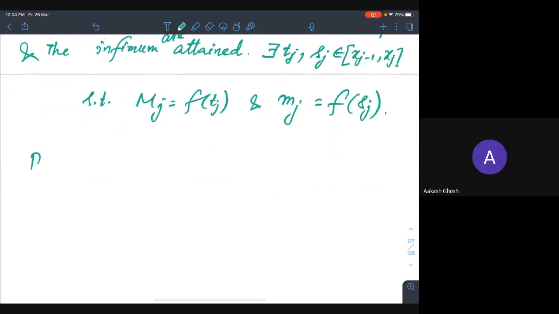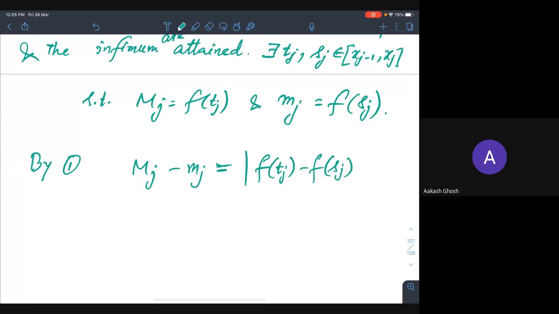Now by 1, M_j minus m_j is equal to |f(t_j) minus f(s_j)|. This should be less than epsilon by (b minus a), since |t_j minus s_j| is less than delta.